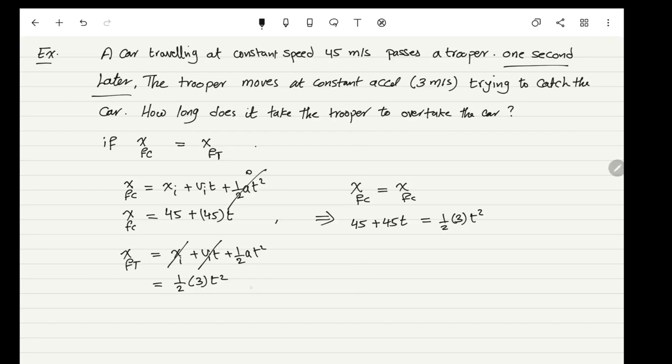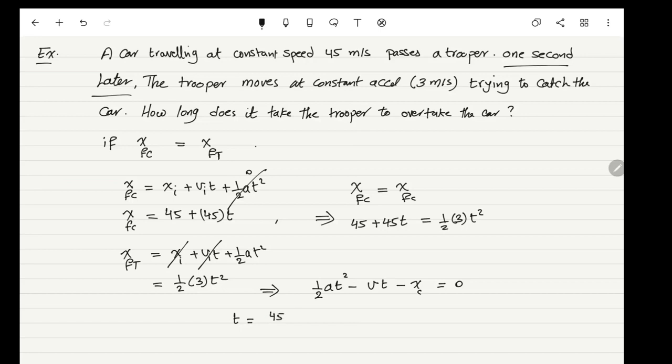Now by rearranging this quadratic equation, we will see half a t squared minus v t minus x car equals 0.